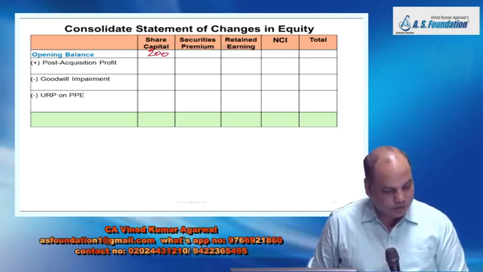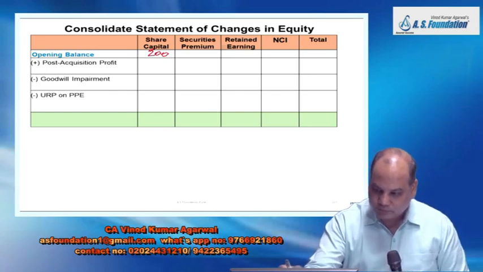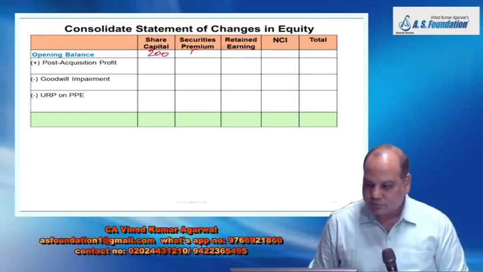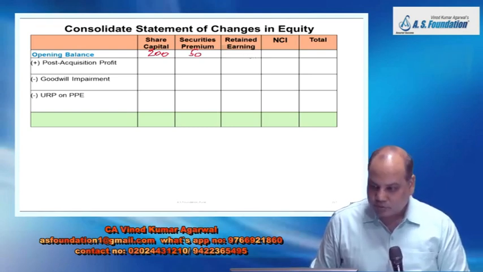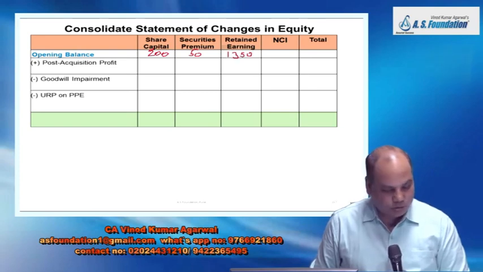Wait. Is there any share premium in parents column? 50. Right here 50. Is there any retained earning in parent column? 1350. Okay.